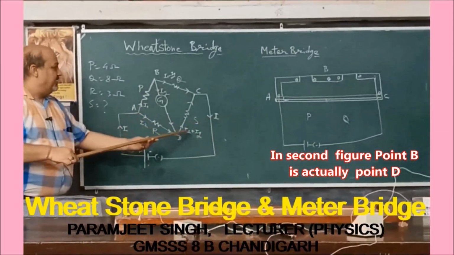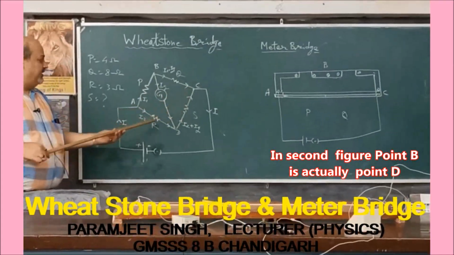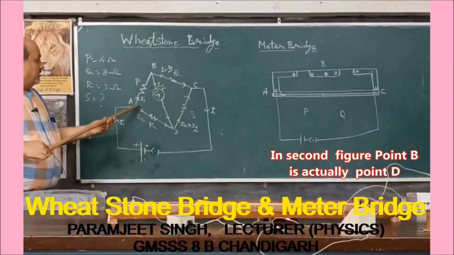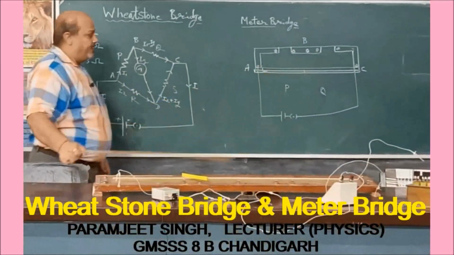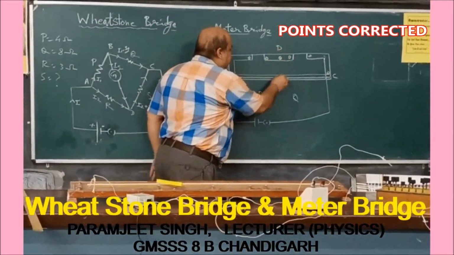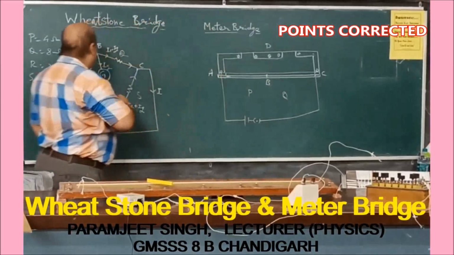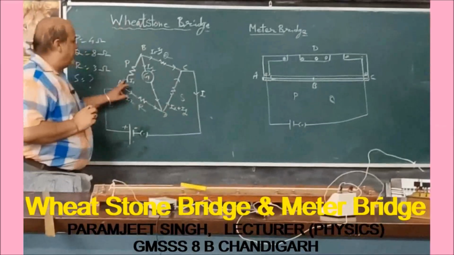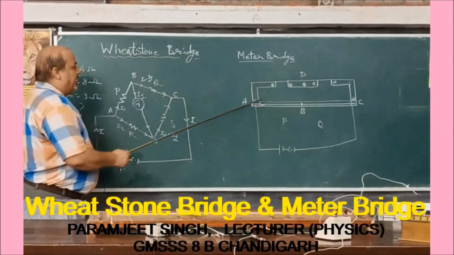Now AD is there. Which part will become B? Sorry, this will be D. This central point of the wire will be B. So now AB is acting like P and BC is acting like Q.